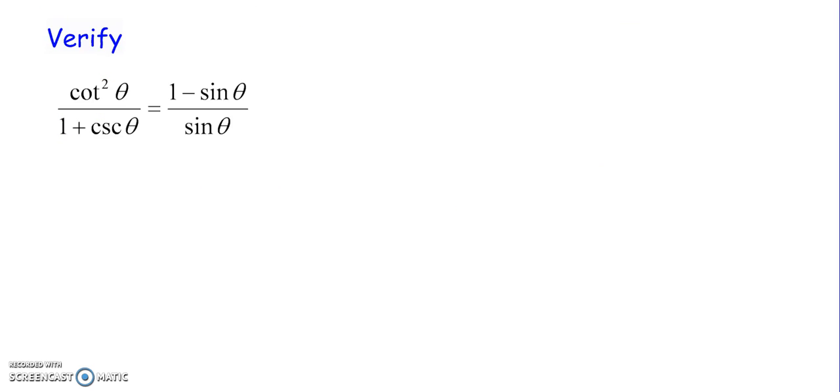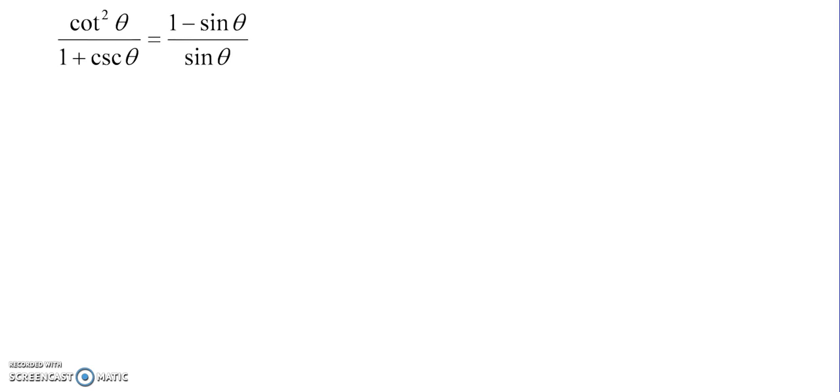Alright, last one and trickiest one. I will say this is the trickiest one because both of these sides are relatively complicated. And the way we're going to solve this is we're actually going to need to simplify both sides just a little. Okay? So let's focus on trying to simplify the left-hand side.